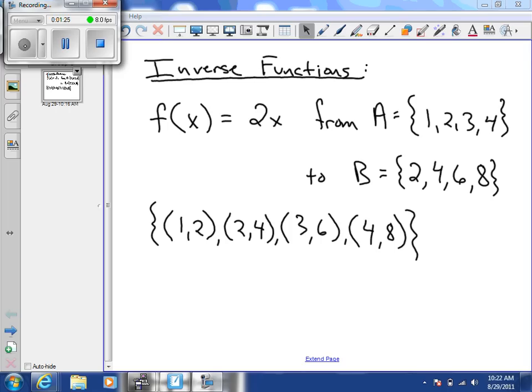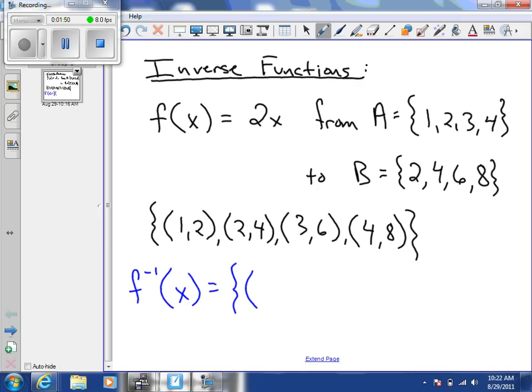Now we're going to introduce the concept of its inverse. The inverse, which we write as f with a little -1 of x, we read as f inverse of x. What that's going to be is the ordered pairs that result from switching the coordinates.